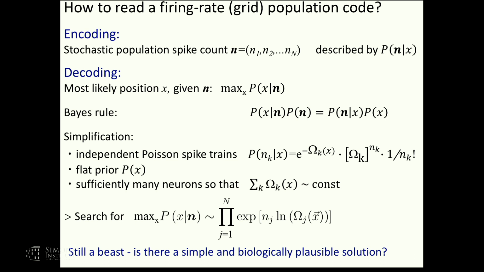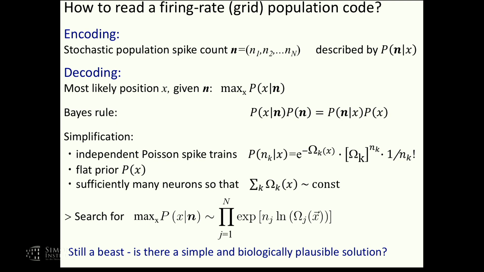So if you put all these equations into that, you find that the posterior is given by this formula, which is compact, yet it's still complicated. How should the animal, if it wants to read out its position from the spike train pattern of the grid cells, how can it calculate this maximum?